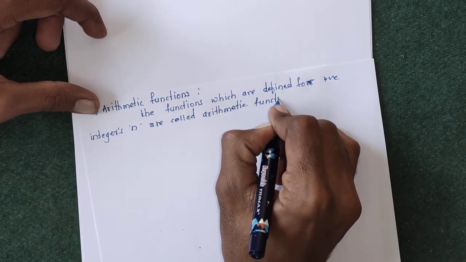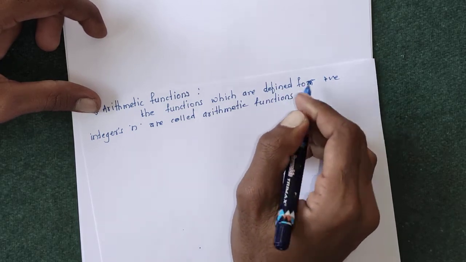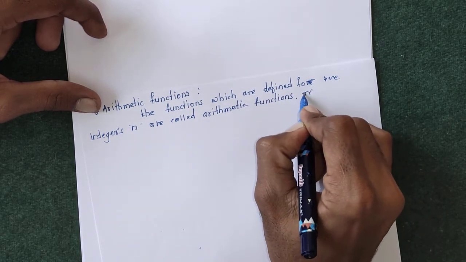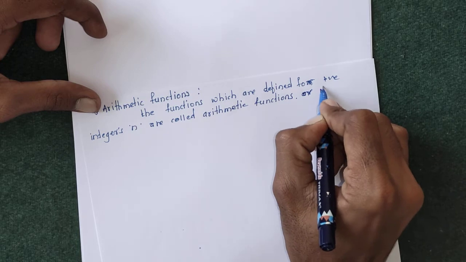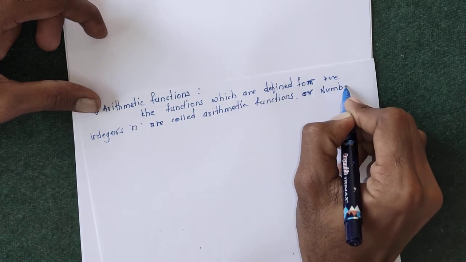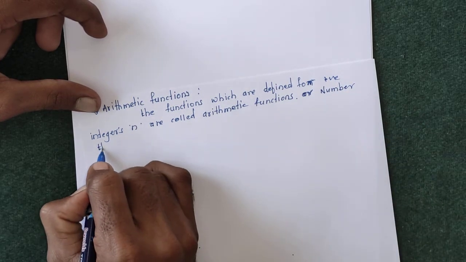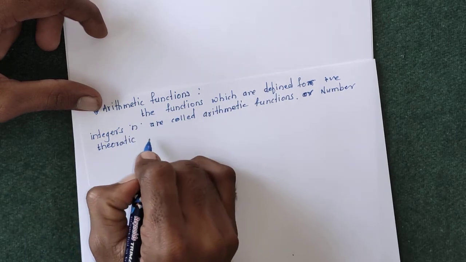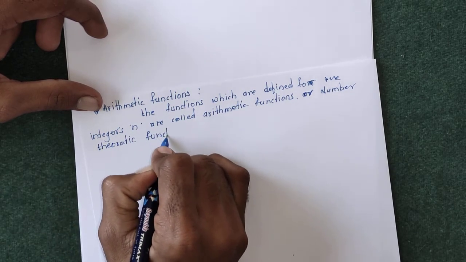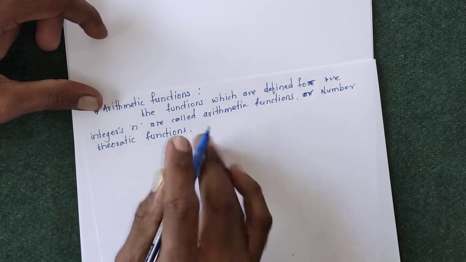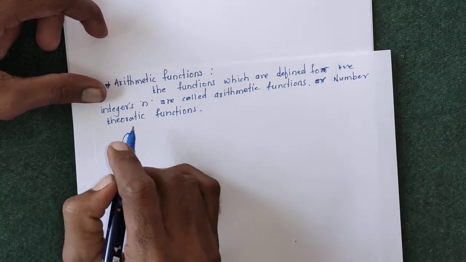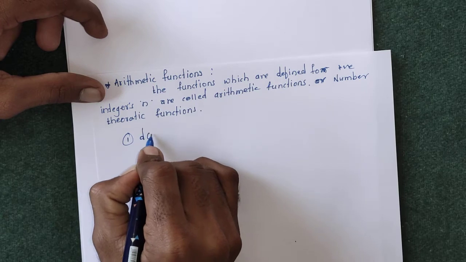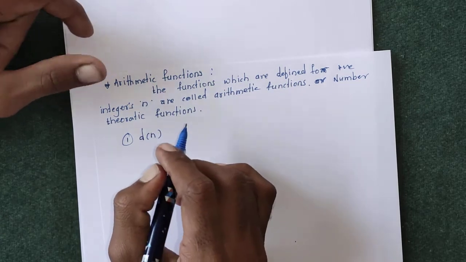These are called arithmetic functions, or number theoretic functions. The first function is d of n, small d of n.